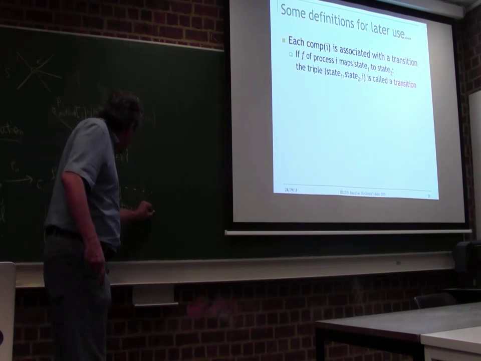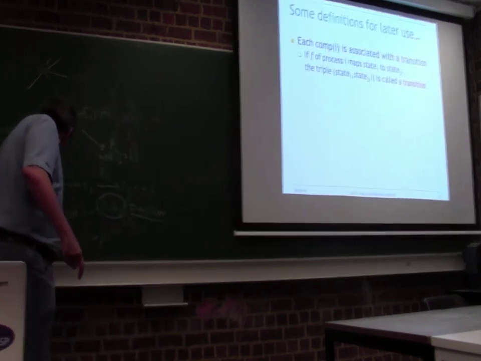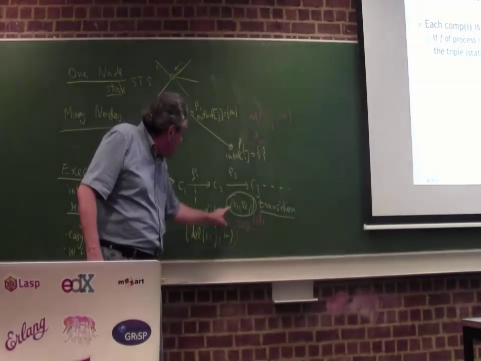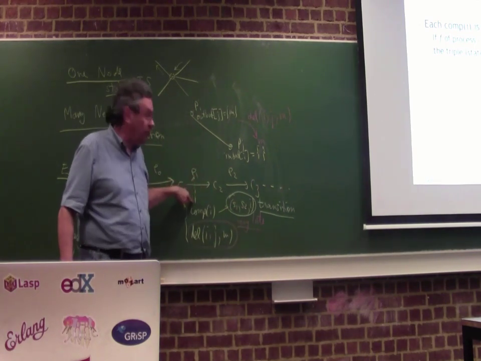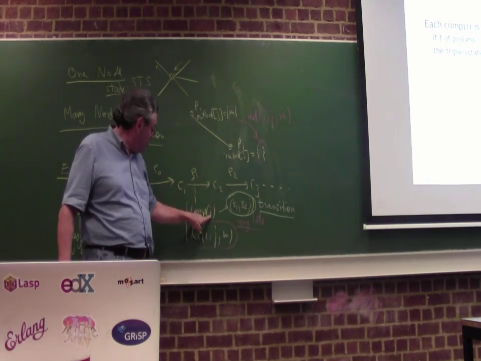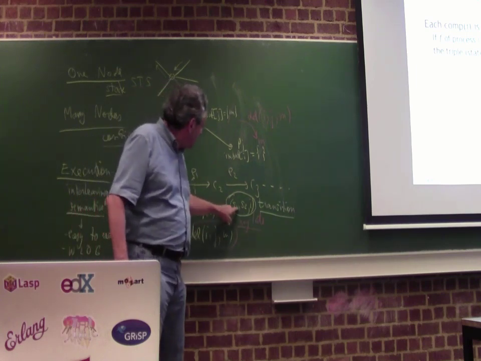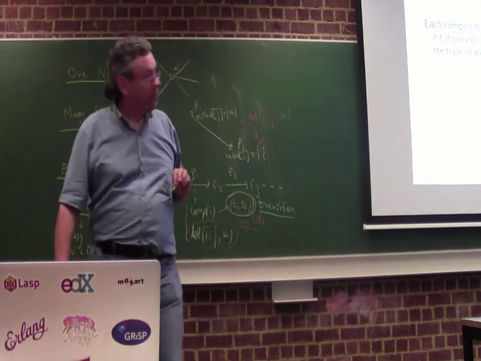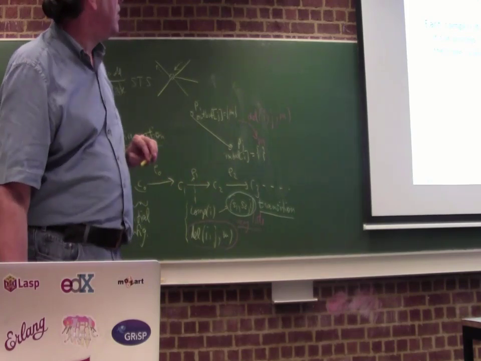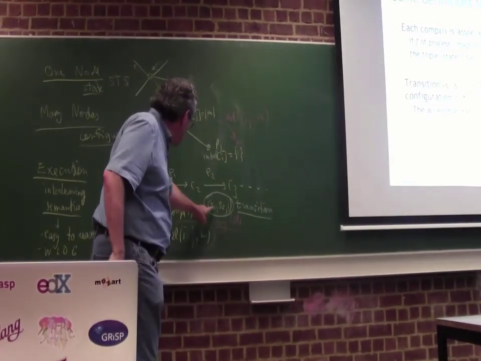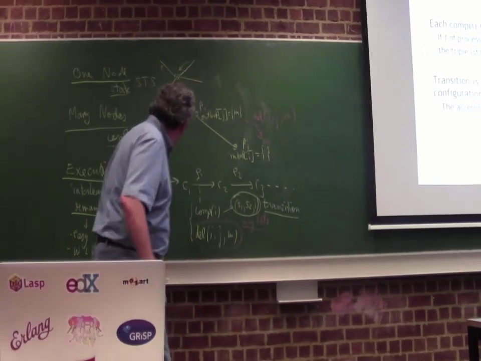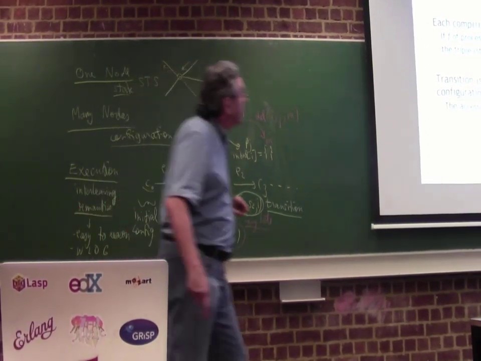So a comp event is associated with a transition, where we look at the internal state of the node. Here, we're looking at it at a very high level. We're only saying something is happening on node I. But in fact, there's a transition going on at that node with an input and an output state. Okay? And this transition is applicable in the configuration.